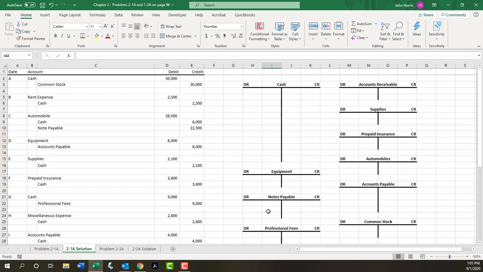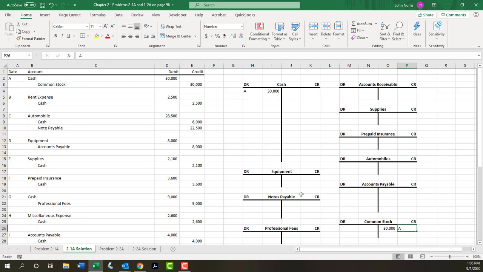So now what we're going to do is post the various transactions. The first one was a debit to cash and a credit to common stock. And we're putting posting reference numbers in here to tell us where the transactions come from.